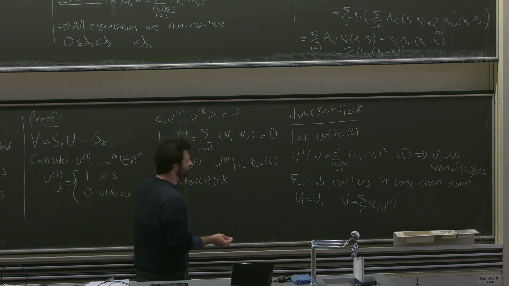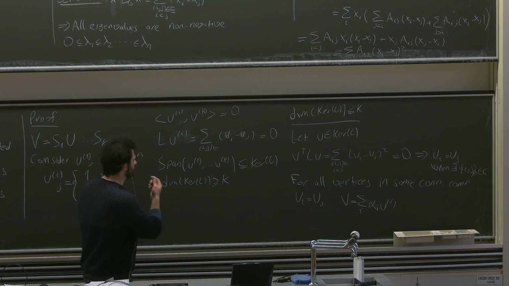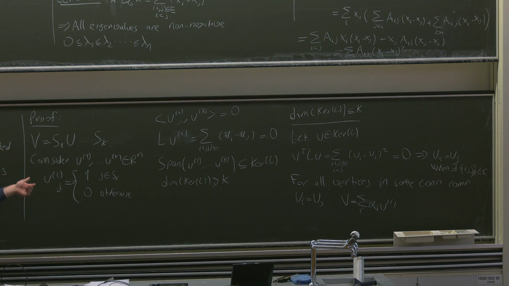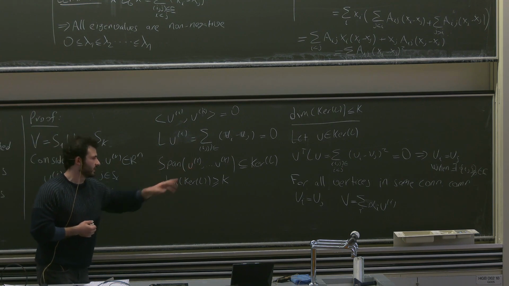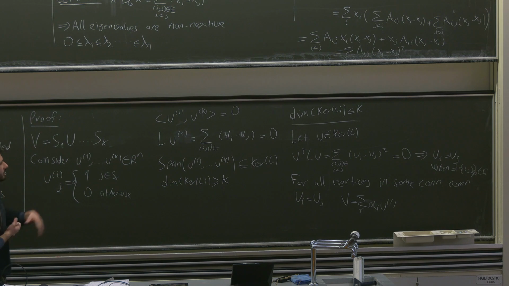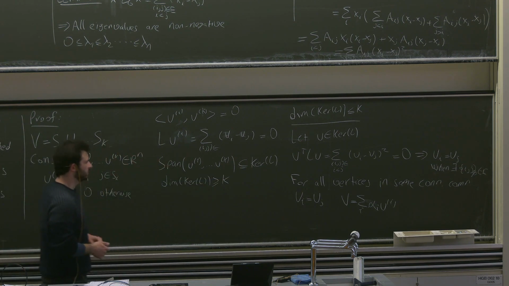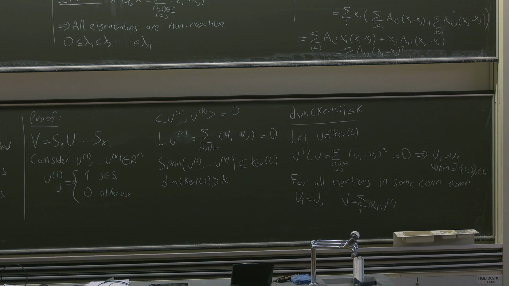So if it takes value, let's say 3 in connected component 1, we do 3 times the indicator vector of that connected component. And this means that this vector u lives in the span of these vectors, and this concludes the proof of D. So this is just the reverse of this statement, so this concludes the proof for the other side of the inequality. Does this make sense?